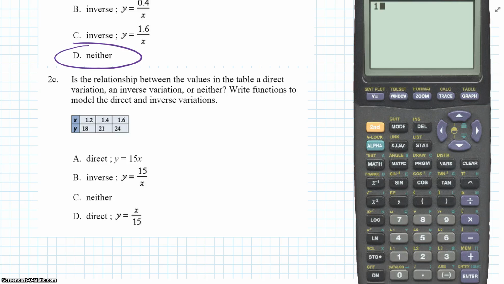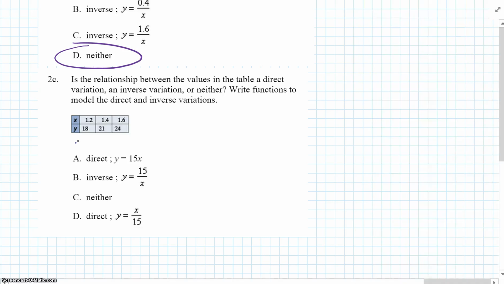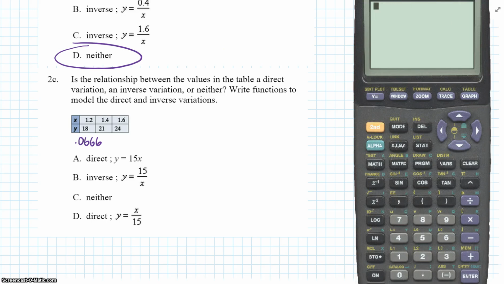So 1.2 divided by 18 is 0.0666. 1.4 divided by 21 looks the same. 1.6 divided by 24 looks the same. All right, so what must that mean?